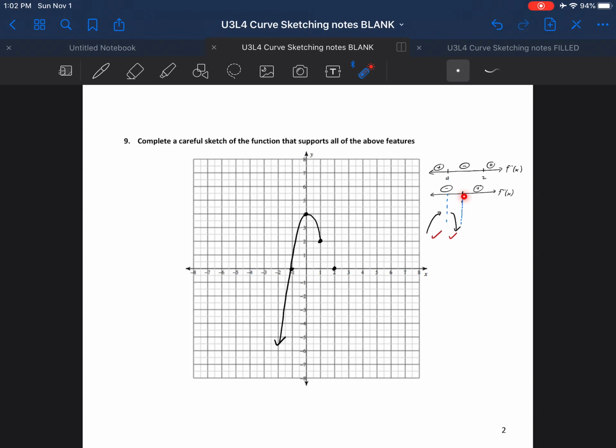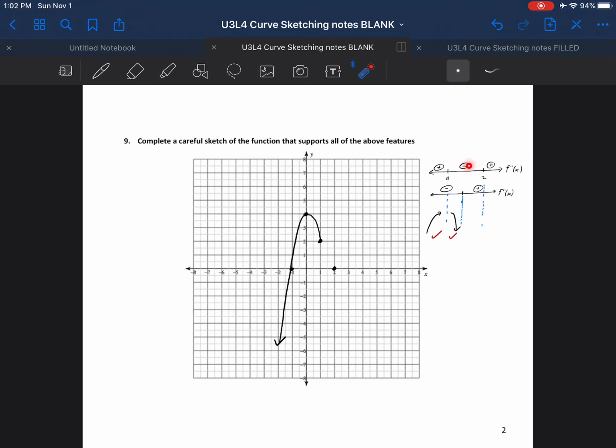At x equals 1, if we look at what's happened, the second derivative has changed, right? From 1 to 2, still the graph is decreasing, but it's concave up now. Okay, it's actually going to be concave up for the rest of time. So let me make another dotted blue line here and say that this is going to be the case for how this thing behaves from 1 to 2.